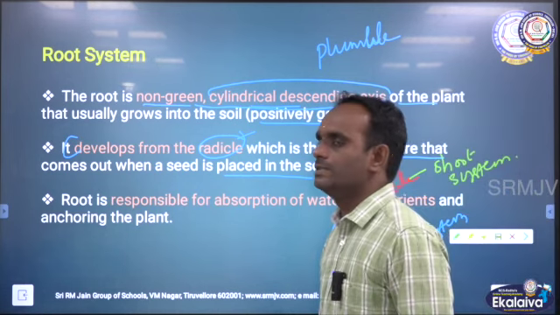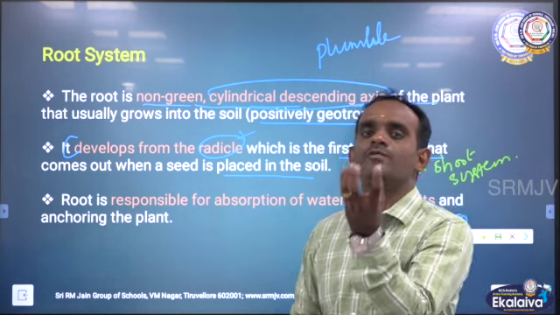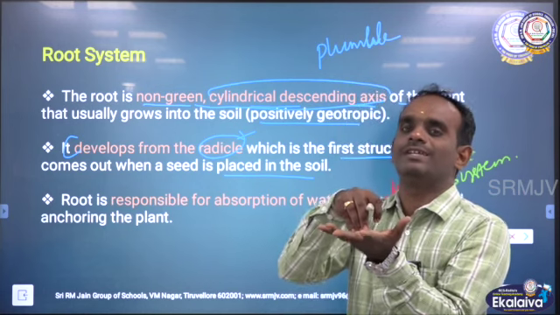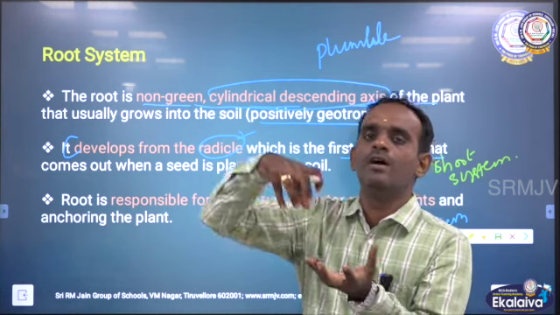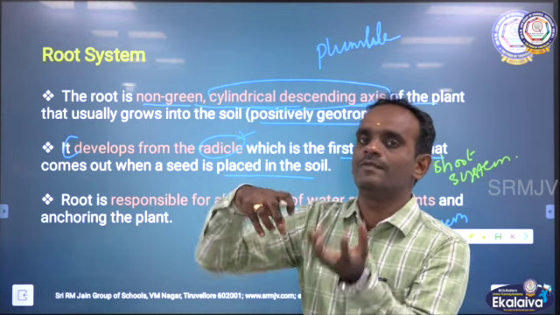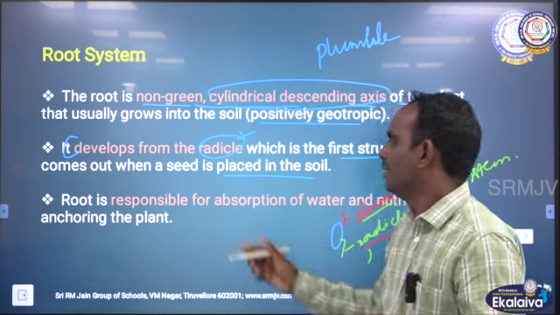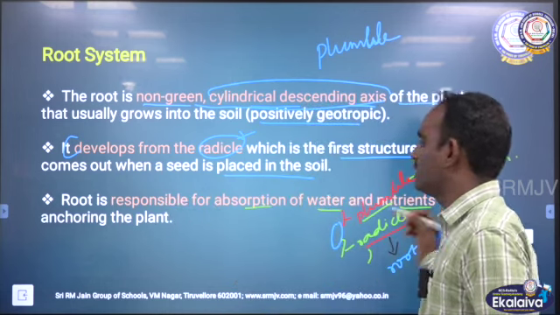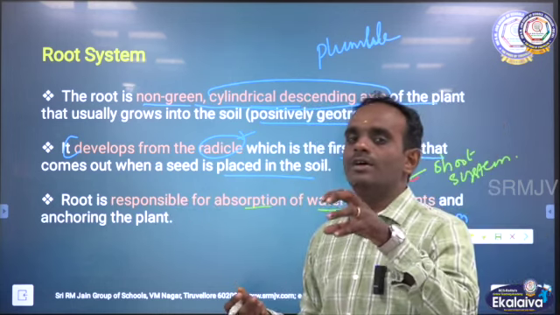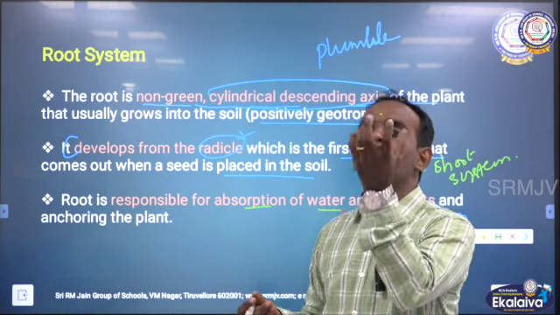The root is responsible for absorption of water and minerals from the soil. It has the ability to absorb all the water and minerals from the soil. Root is responsible for absorption of water and nutrients, and also it anchors the whole plant.